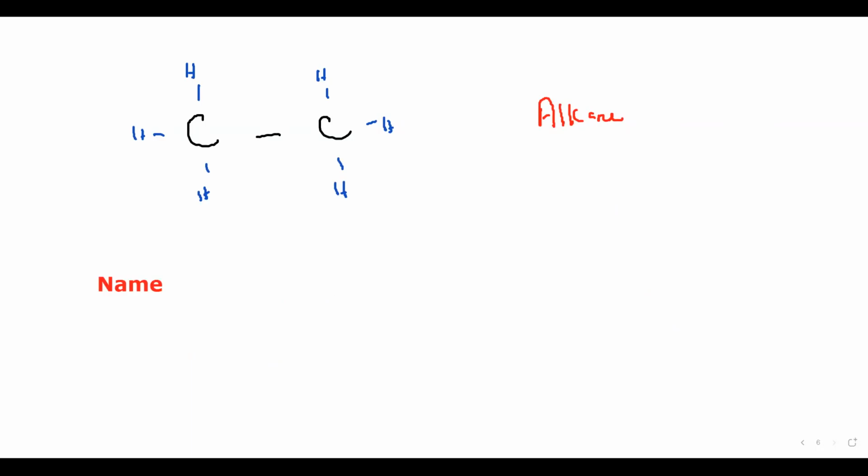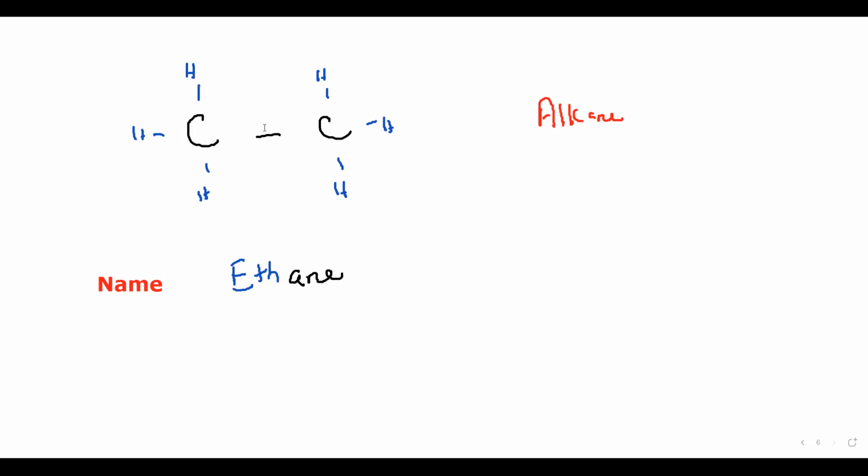Yeah, that's right. Eth, because of 2 carbon, and because they have a single bond between them, it will be ane. So eth, because of 2 carbon, and ane, because they have a single bond, so it is actually ethane. When we pronounce it altogether, it is ethane.